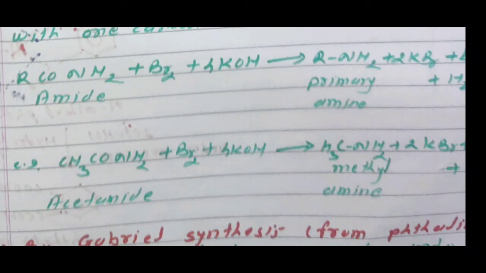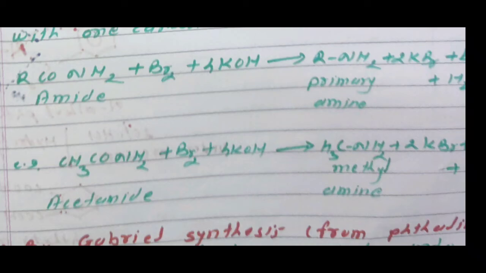Acetamide reacts with Br2 plus KOH, forming methylamine. Acetamide contains two carbon atoms, but methylamine has one carbon atom, which means the product is formed with one carbon atom less. The primary amine is the product of the Hofmann degradation reaction.